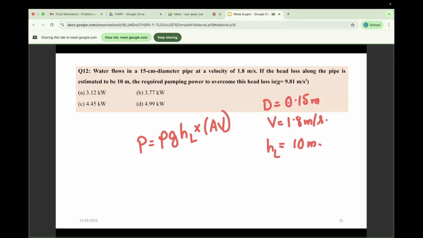So I have D, so I can find out A. A is pi d square by 4. So accordingly you just put the value and you will find out a certain value.